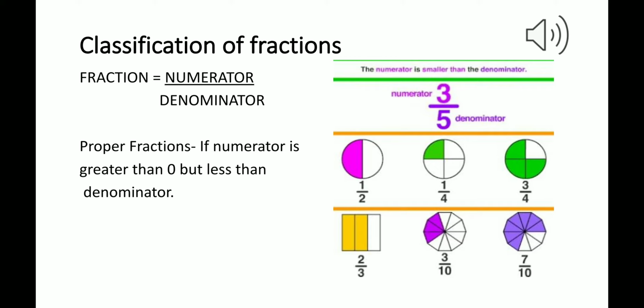If the numerator, that means the upper part, is more than 0 and less than the denominator, that means the numerator should not be 0, and it can be any number from 1 till before the denominator, not the denominator itself, then it will make a proper fraction.